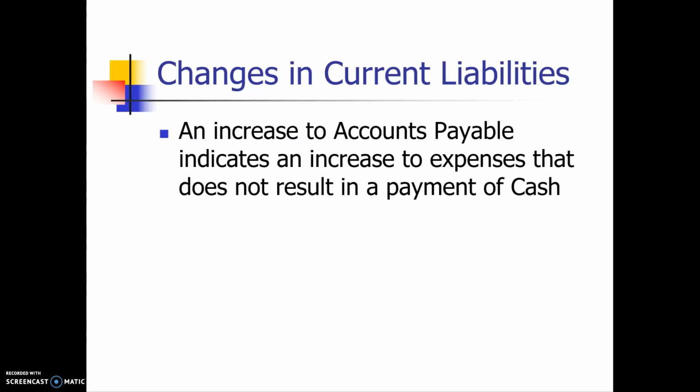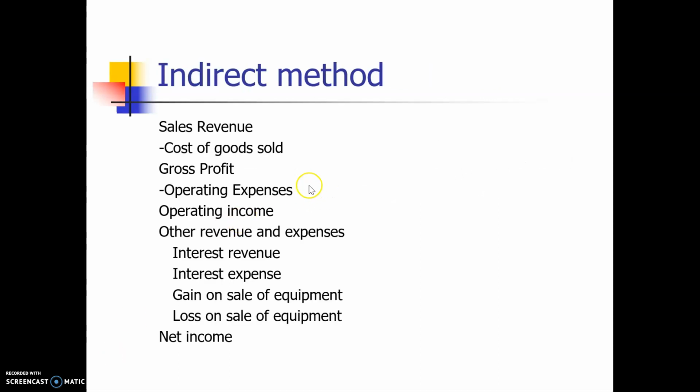An increase in accounts payable means that expenses are increasing, right? But we owe for them. So we have not paid. And so if we look at our income statement, we have amounts included in operating expenses that made net income lower, right?